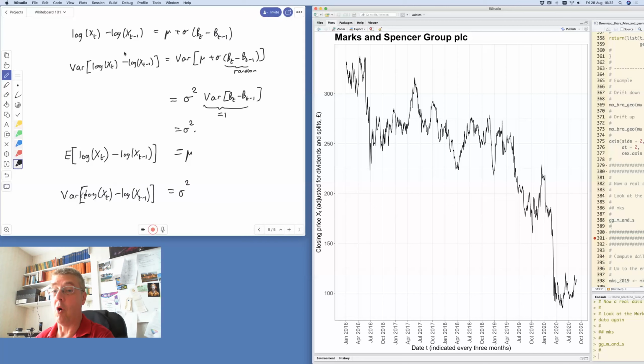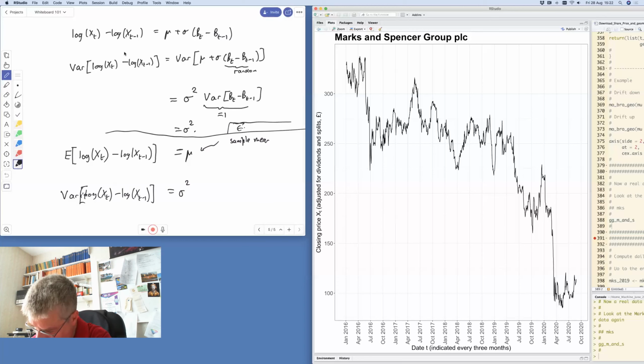And therefore, and this is a standard feature of statistical estimation, if we want to estimate the mean, we would take the sample mean. So if we want to do estimation, which we want to do in this case, to estimate the mean mu, we take the sample mean of the observed quantities.